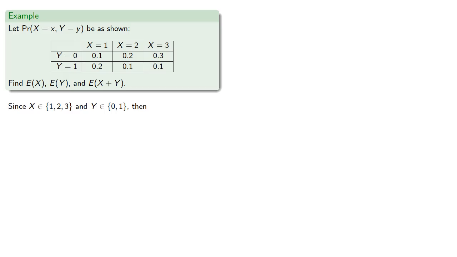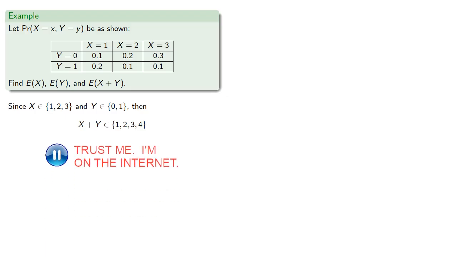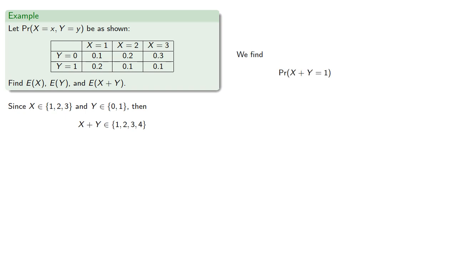Now for the sum, since x is 1, 2, or 3, and y is 0 or 1, then the sum is going to be in, and so we can find those probabilities. To find the probability that x plus y is equal to 1, the only possibility there is that x is 1 and y is 1, and so that will be.